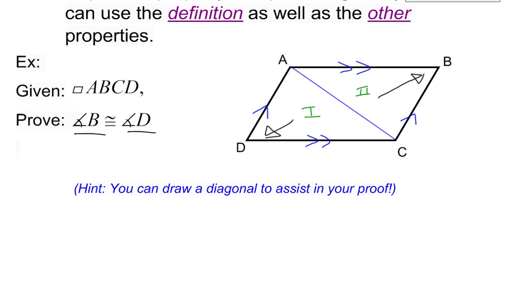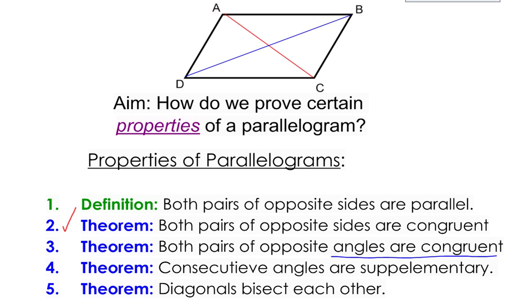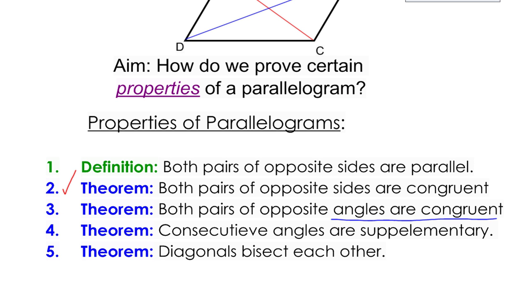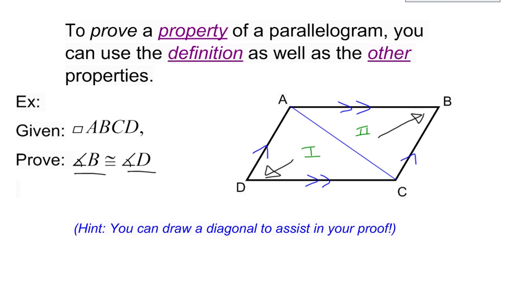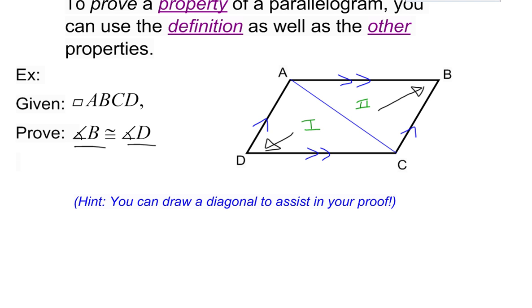What is the property that I know about a parallelogram? Well, of course, the definition is both pairs of opposite sides are parallel, which I noted here. But also, we already proved that both pairs of opposite sides are congruent, which means I can use this property here to prove this theorem here. So one of the things I know is that not only are AD and BC parallel, they are also congruent to each other.